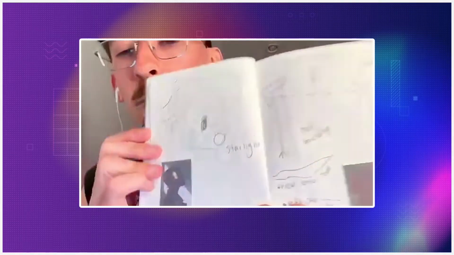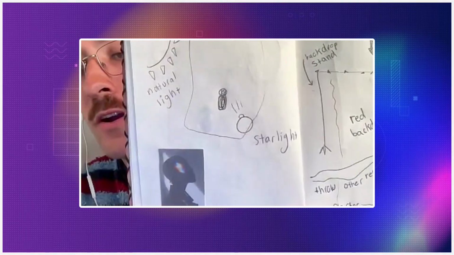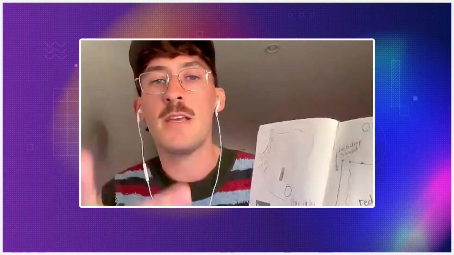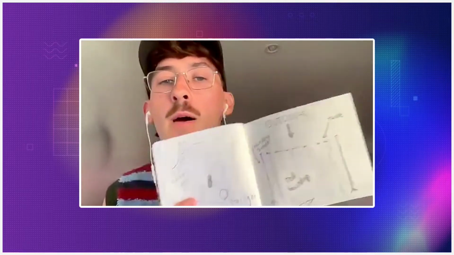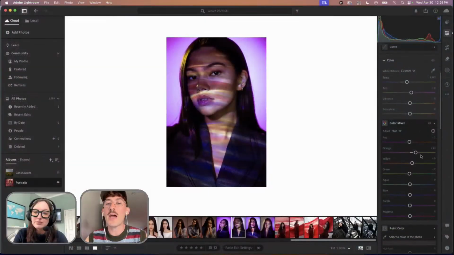So with this image, this was the basis of what we're looking at here. And of course, when you're actually shooting, it changes. Within my inspiration for this exact image, I wanted to shoot on a backdrop with natural light and this little star projector that I brought. We ended up morphing it a little bit, but to go back to her question, the way that I edit and the way that I'm able to push that is from shooting different types of images and experimenting with all different types of lighting.